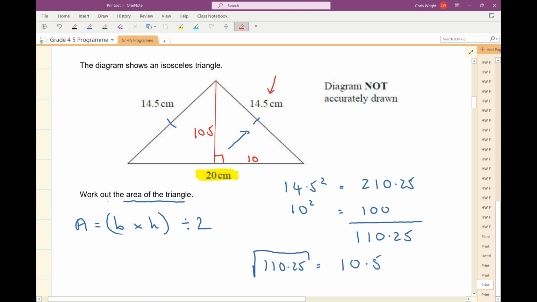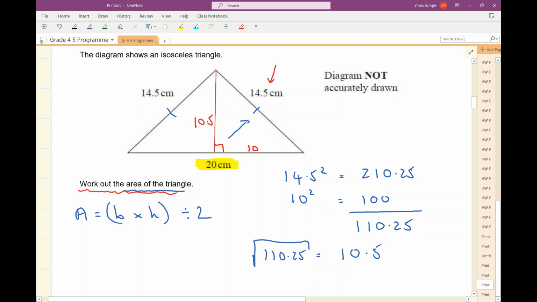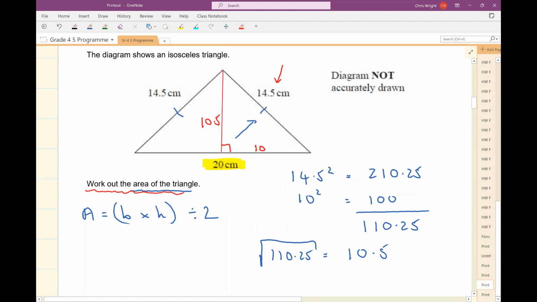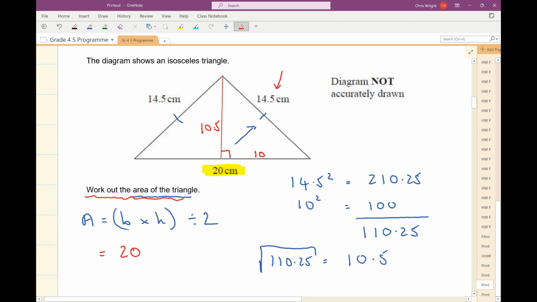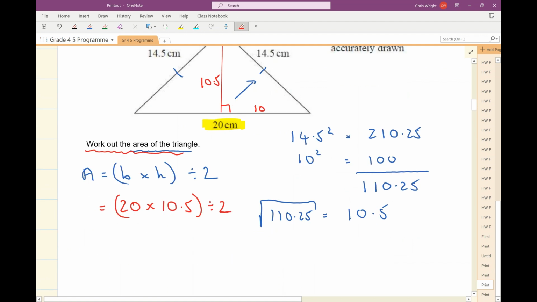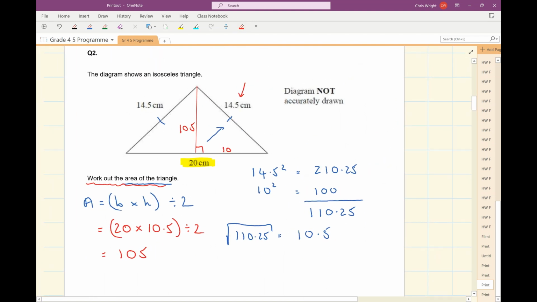The question says work out the area of the triangle, right? So I have to do the base. Now, remember, it's the base of the whole triangle, so it's 20 times the height, 10.5, divided by 2. So when I do that on my calculator, I get the answer 105. And that is question 2 done.